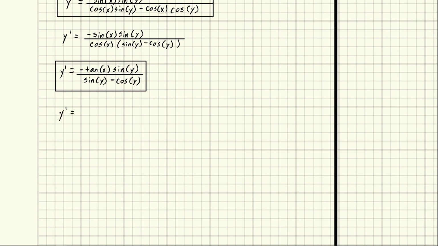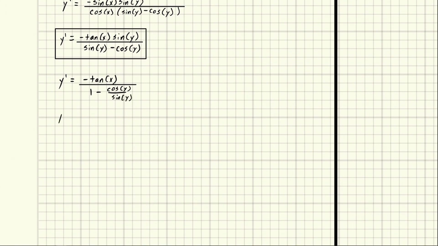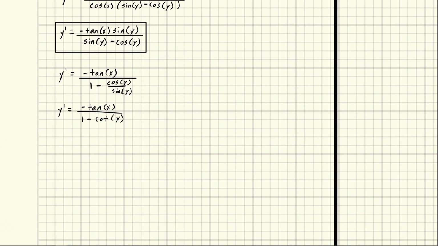So if we divide everything by sine y, the top just becomes tangent x, over, and then this sine y would become 1, and this would be cosine y over sine y, and of course we can rewrite that, so we get negative tangent x over 1 minus cotangent y. So we've managed to really cram this thing together.